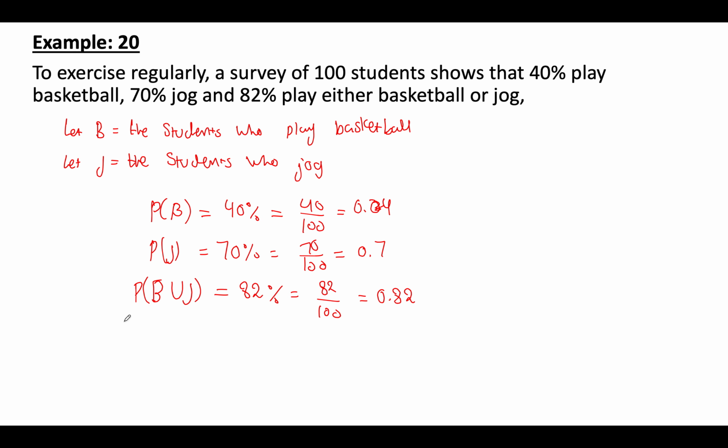Now, in order to check if they are independent, we need to find the conditional probability. So in order to do so, we need the intersect.